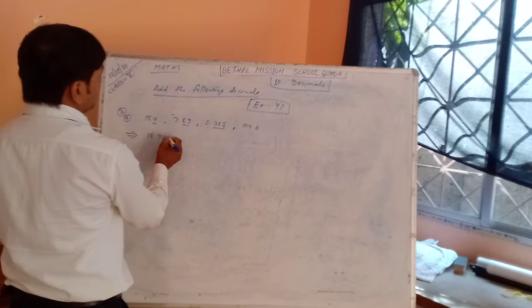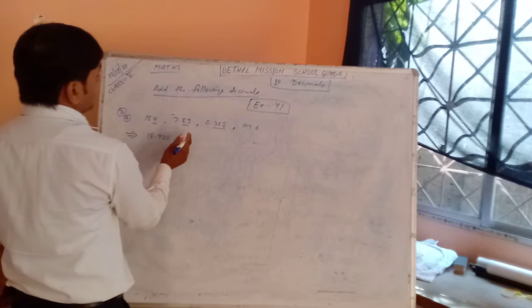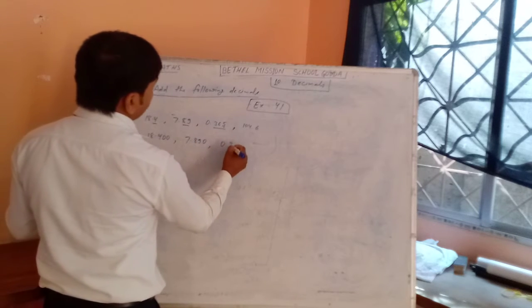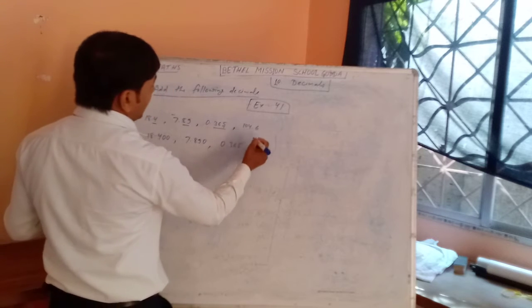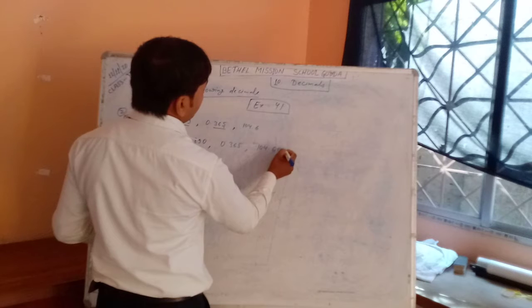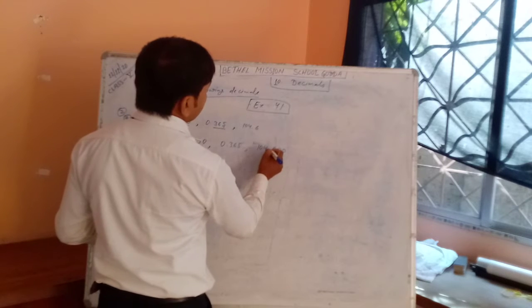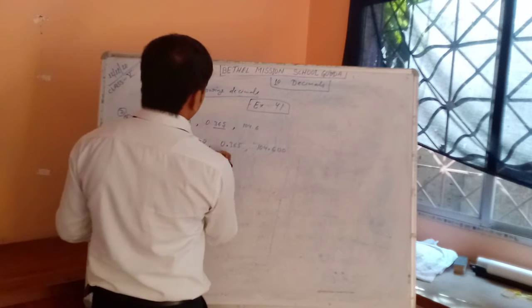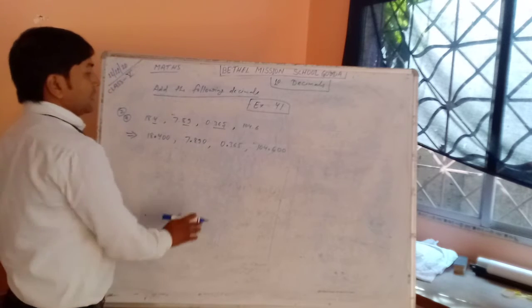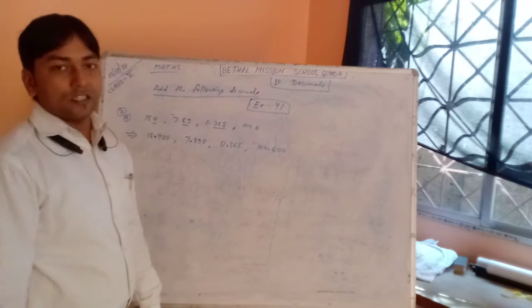If I put a 0, it becomes 3 decimal places: 7.8910 and 0.365. And here 104.6, if we put 20, it becomes 3 decimal places. All are now converted into like decimal places.